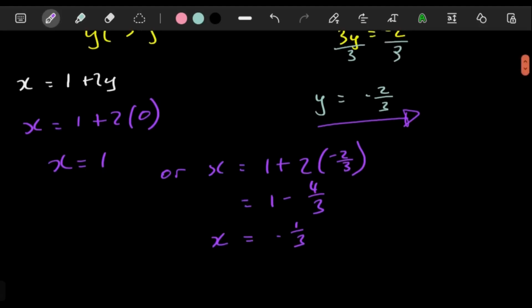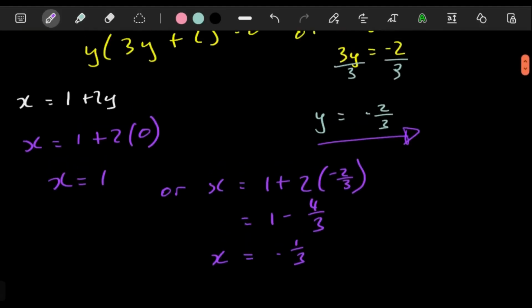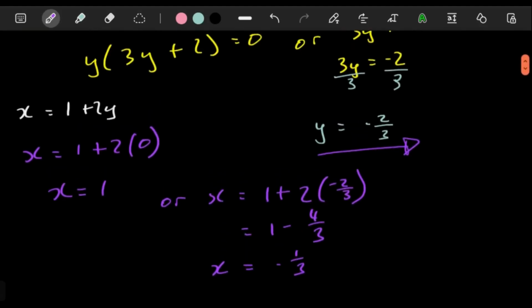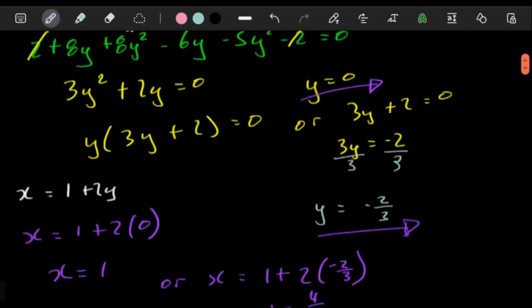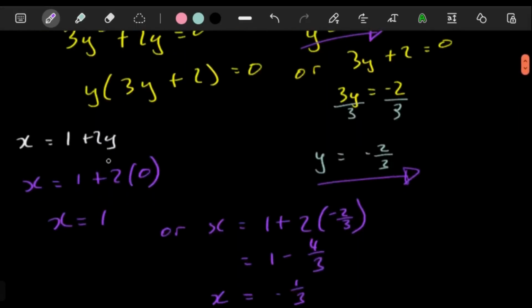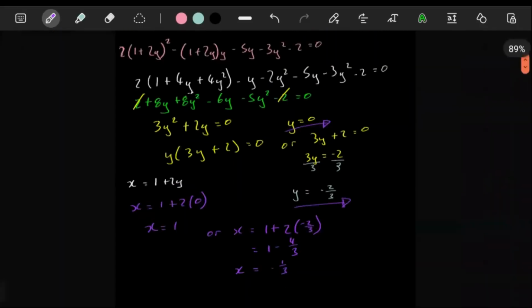But in this case, if you throw negative 2 over 3 here, and you throw 1 there. Wait, no, negative 2 over 3 here, right? Let's see if it gives us, whichever way, the two equations balance out if you throw in your sets of y values and your sets of x values. So these answers are okay.